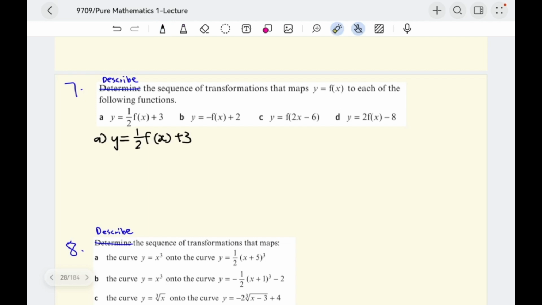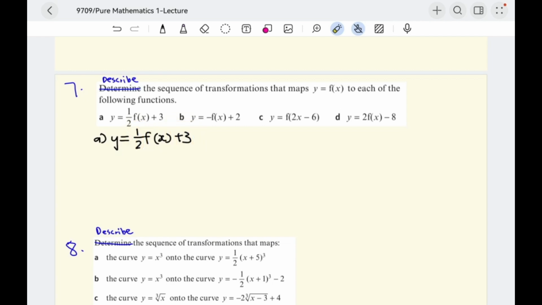The sequence or order of transformation is crucial for this question. You can see that there's a half and a plus 3.